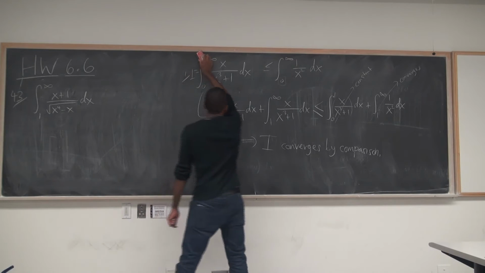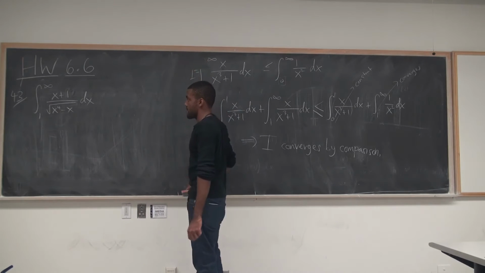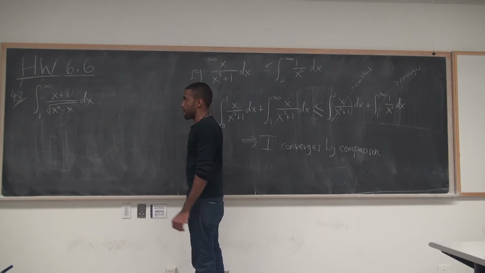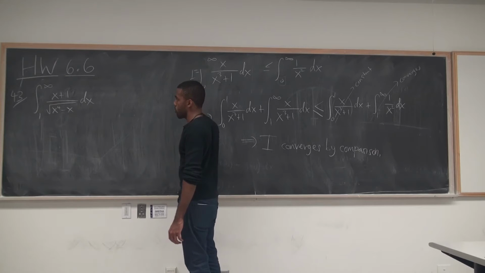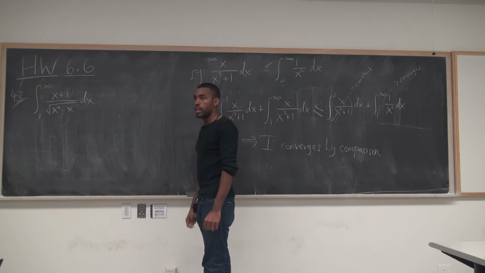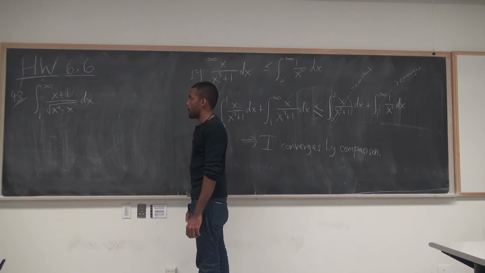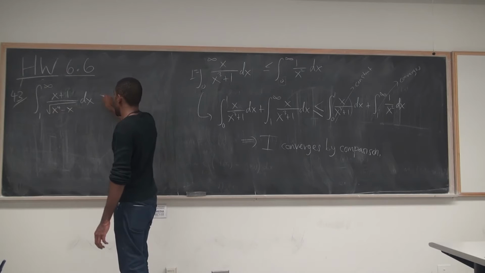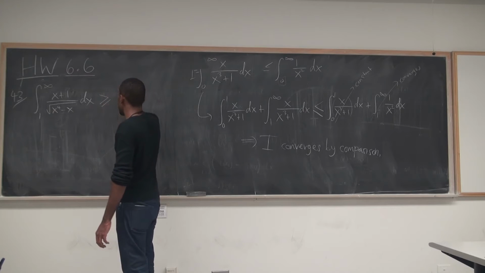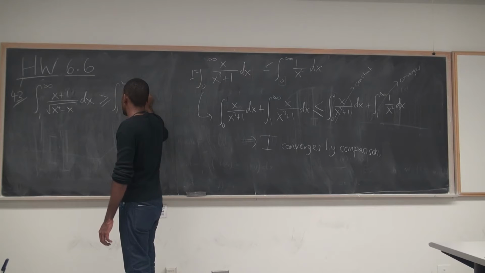Converges or diverges? What do you think? How would you show that? That's greater than x over the square root of x to the fourth minus x. This is greater than what? x over the square root of x to the fourth minus 4.